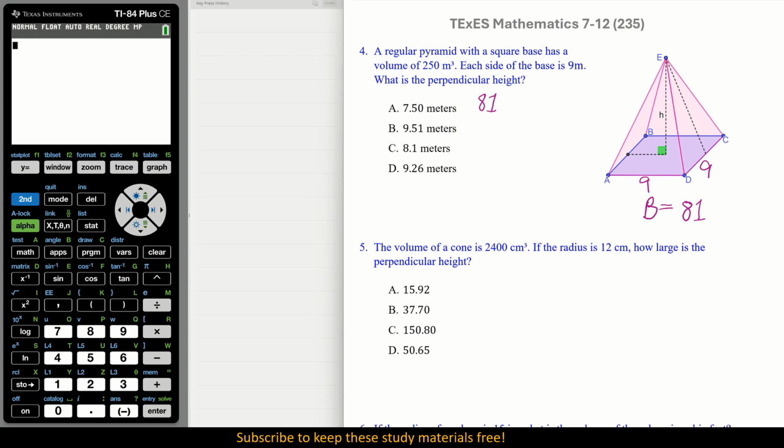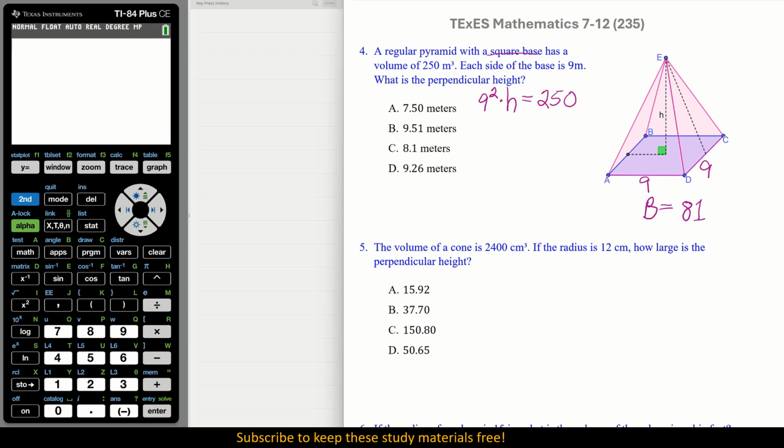Actually, I'm going to start from the very beginning. We have the base, which is 9 times 9 because it says regular and it says square base. So you have 9 squared, okay, times height equals 250.